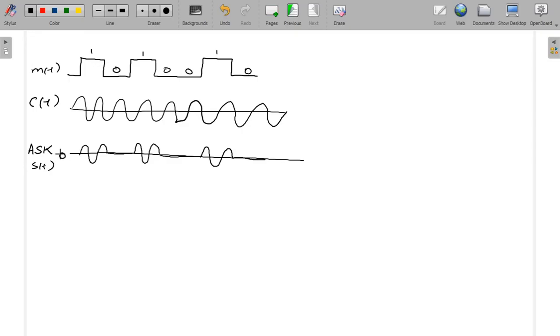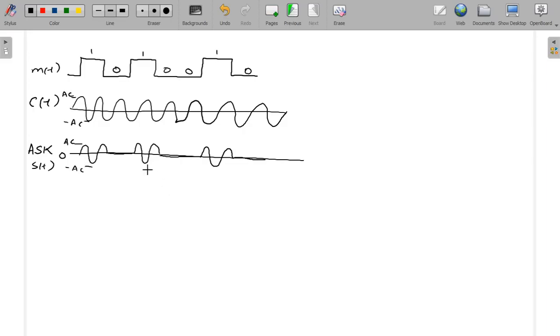Okay, this is 0 and this one you can say is Ac, because the peak amplitude of c(t) is Ac, and Ac into 1. So the peak amplitude will be Ac, and on the negative side, the peak amplitude of c(t) is minus Ac. So this will be minus Ac.